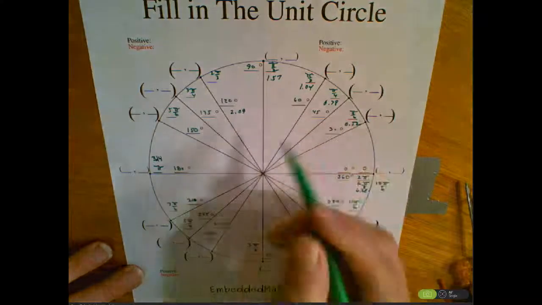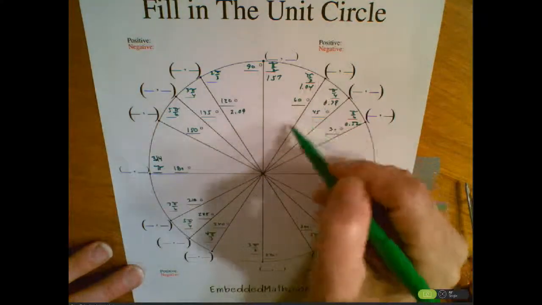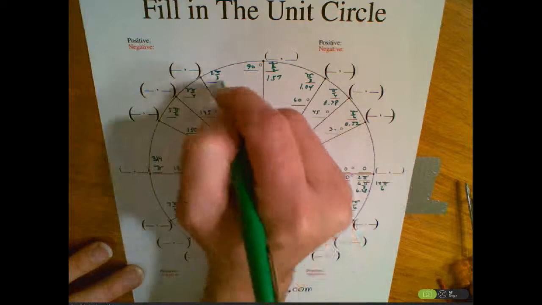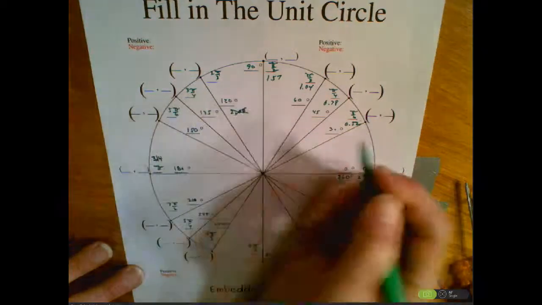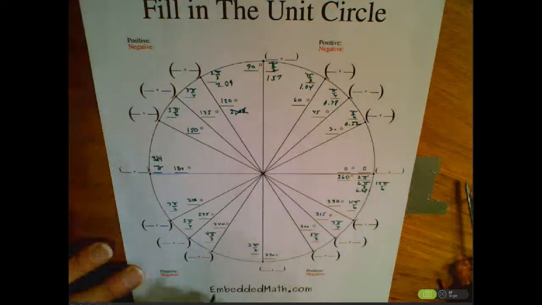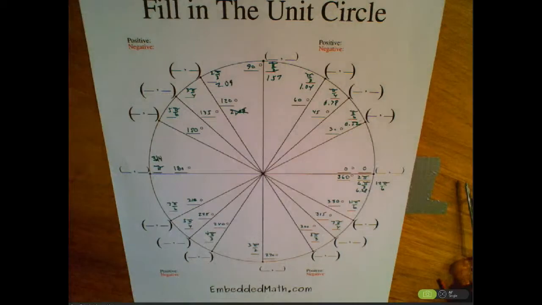So I expect these numbers all to be filled out on your unit circle. I think the best place would be, instead of putting it right where I put it, let's put it over here, right under the exact value. Now, why do I want you to do this? Because when we talk about angles on the unit circle that are in radians, our calculator is going to give us decimal answers.